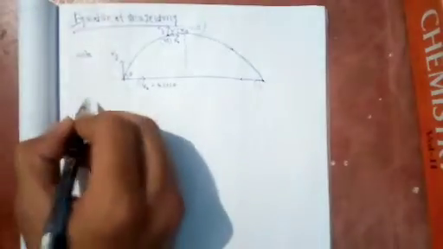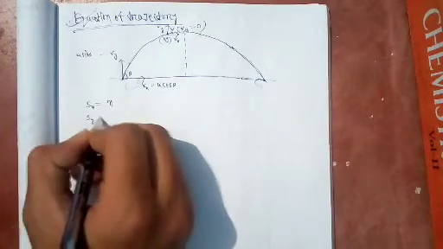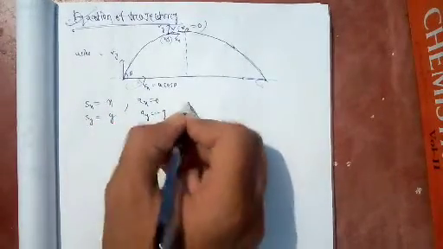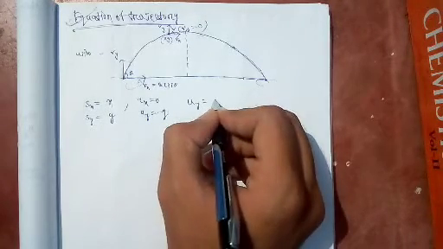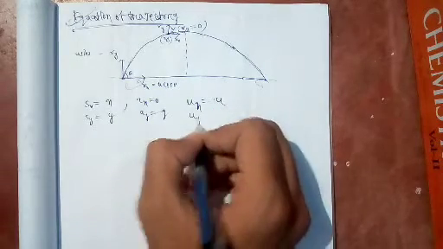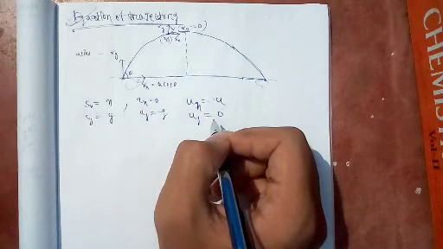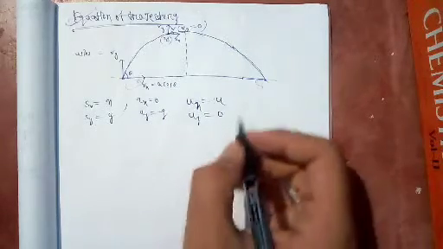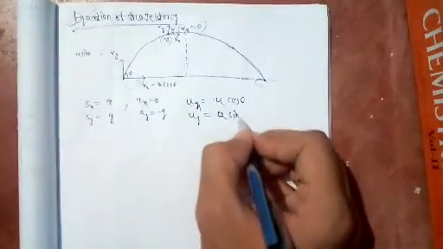Then we know that sx in x direction is x, s in y direction is y, acceleration in x direction is 0, acceleration in y direction is minus g. U in x direction is u cos theta, and u in y direction is u sin theta.